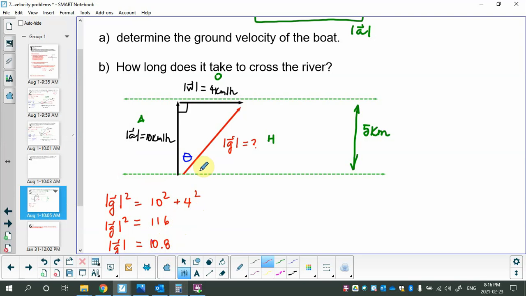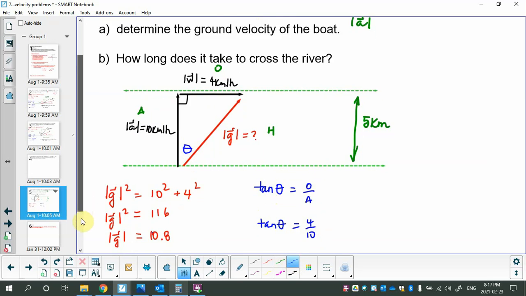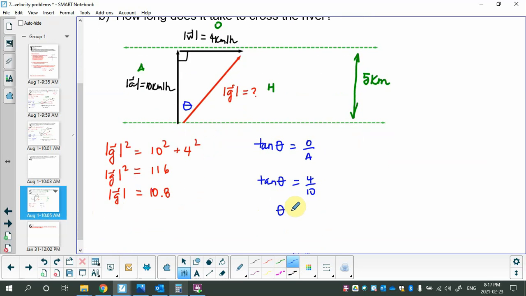And I need to know the angle. So this is where old school trig comes into play. So I've got O and A, which is tan. So tan theta is equal to O over A. Tan, don't know theta, is equal to 4 over 10. Because this is a short one, I'll remind you that you'll have to do tan inverse like we've been doing sine inverse.